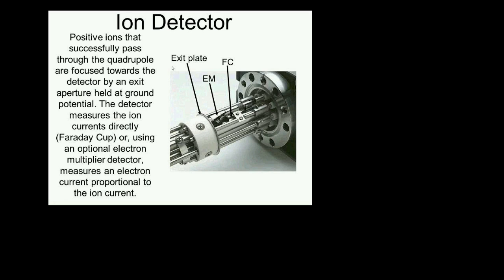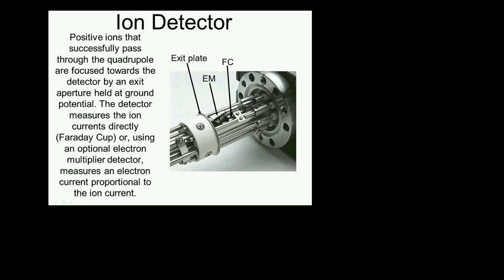One specific mass is filtered in the quadrupole at a time, and then that ion that makes it through goes into the detector, which is designed to collect those ions and generate an ion current. And that ion current is directly proportional to the partial pressure of that species. So what you're going to find is that when you go to buy an RGA, there will be two kinds of detectors. There's a Faraday cup detector, and there is an electron multiplier detector. And we're going to talk a little bit about both of them.